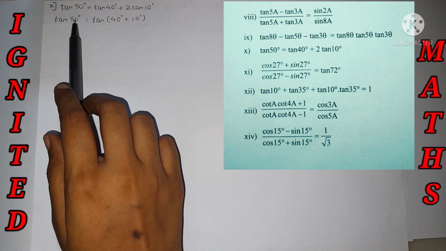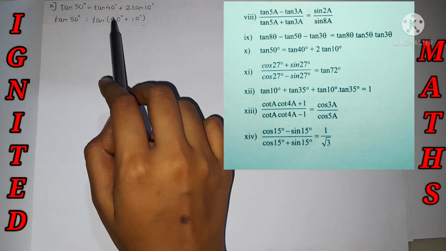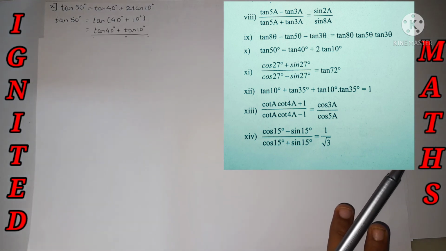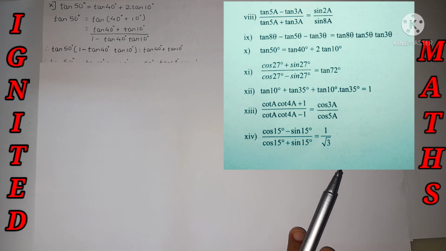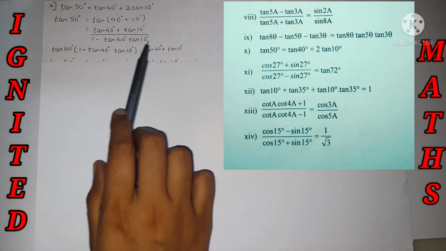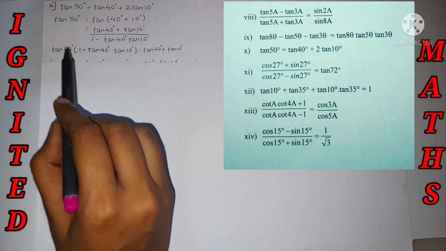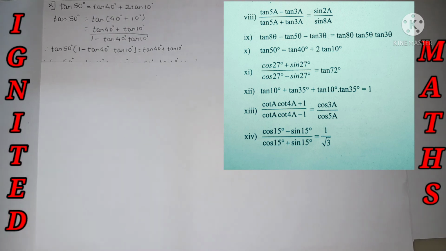So tan 50 degree, it's nothing but tan(40 degree plus 10 degree). Yes, 50 is equal to 40 plus 10. Yes, and can we use the tan(a + b) formula over here? Yes. And can we take the denominator part to the LHS? Okay, over here tan 50 is there, over here tan 50 is there. So tan 50 into (1 - tan 40 into tan 10 degree).